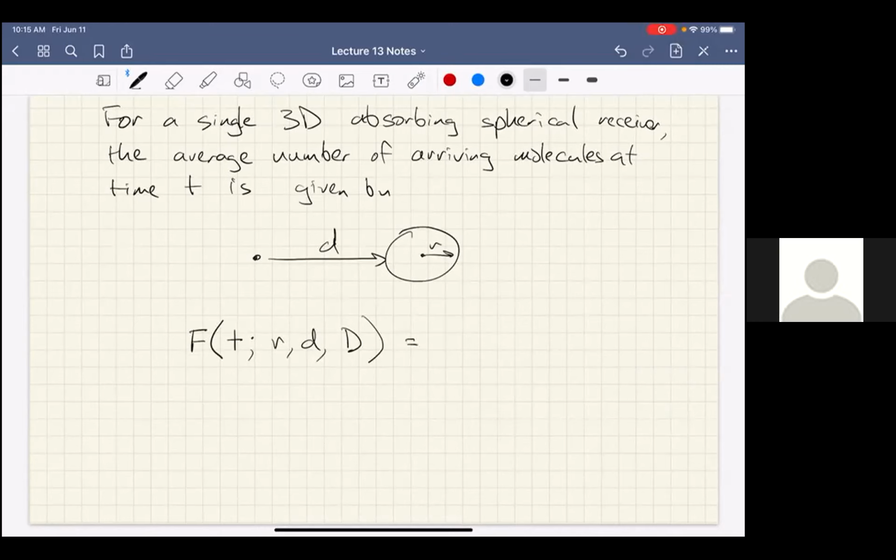So again, that's the diffusion coefficient, as usual. This is given by, we're not going to derive this. This has been derived. I'll give you a reference later. Actually, I will put the reference in these notes once I upload them. R over R plus D, erfc, D over root 4 Dt.